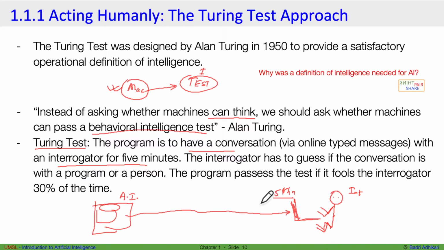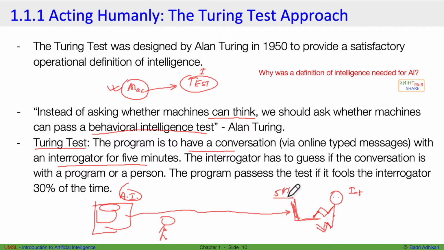And the interrogator has to guess if the conversation is with a program or a person. So this person will continuously type and chat with the AI agent, and he has to guess whether this AI agent is actually a computer or a real person having a conversation. And the program passes the test if it fools the interrogator 30% of the time.